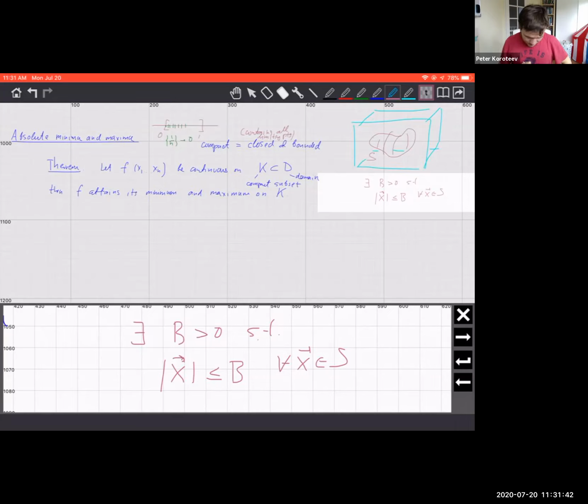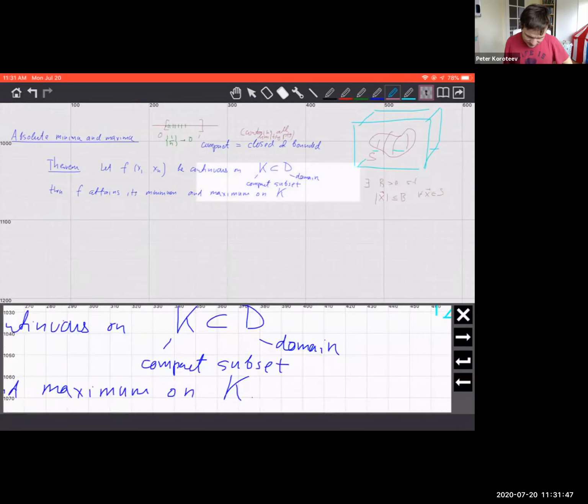So clearly this compactness here is important, right?